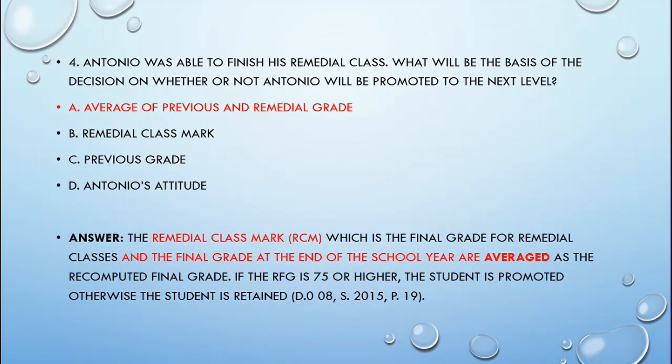According to DepEd Order 08, series of 2015, on page 19, the remedial class mark, or RCM, which is the final grade for remedial classes, and the final grade at the end of the school year are averaged as the recomputed final grade, or RFG. If the RFG is 75 or higher, the student is promoted, otherwise the student is retained.